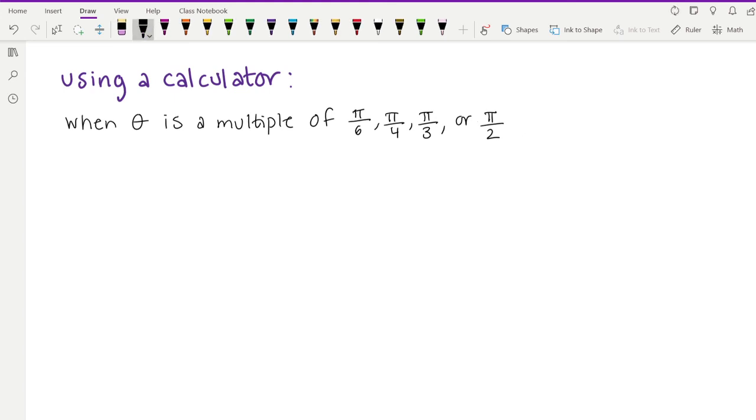But I'm just listing them all out just to be very clear of the types of angles we're talking about.